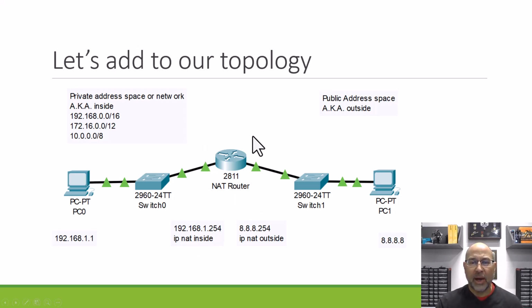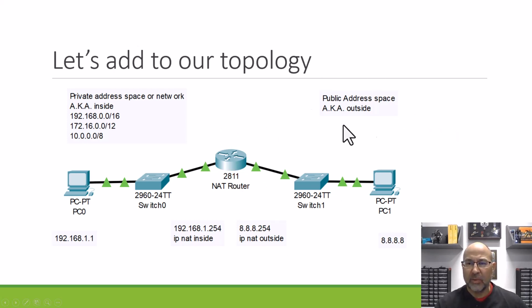And this NAT router, it's a 2811 in Packet Tracer, but remember, this is exactly the same as what your wireless home gateway or your wired home gateway does in your house or in your apartment. This is exactly what's going on. So you can replace this with your Linksys or your D-Link box.